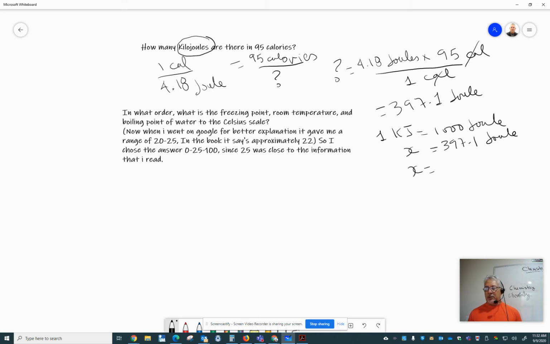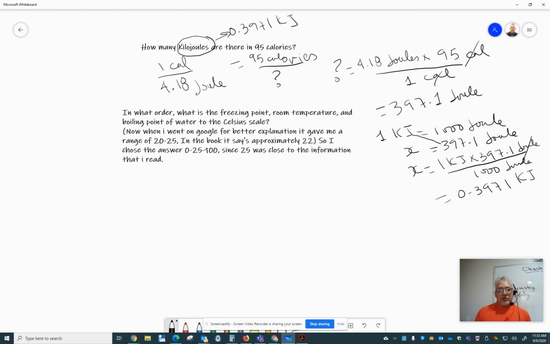X will be equal to cross multiplication: 1 kilojoule times 397.1 joules over 1000 joules. Then you cancel joule and joule, and the answer will be 0.3971 kilojoule. That will be the correct answer for this one. So the correct answer should be 0.03971 kilojoule.